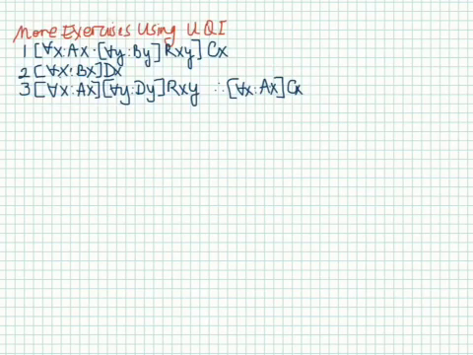Today in this video we're going to solve some more exercises using the last rule we had covered, which was universal quantifier introduction. In this example, we want to prove a universal quantified sentence, and a good strategy is to assume something that satisfies the restriction of this universal quantified sentence.